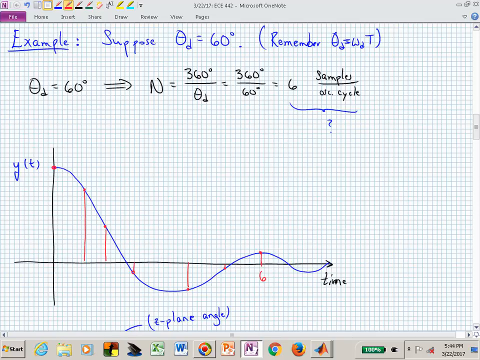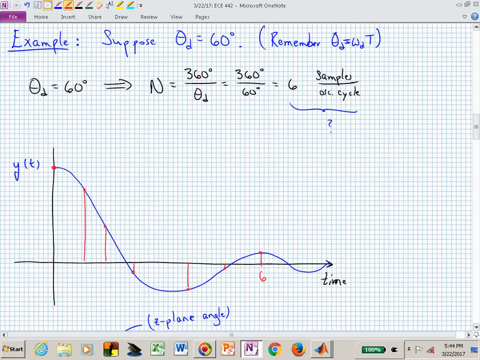And if you count that, then you can see that we have 1, 2, 3, 4, 5, 6 before we start repeating that 2 pi interval or 360 degree oscillation, meaning we had a peak at 0, then our next peak is at 6, and our next peak would be at 12, etc. So now the number of samples per oscillating cycle is determined by theta sub d, and that's now equal to 6.